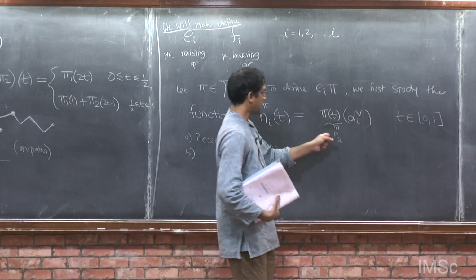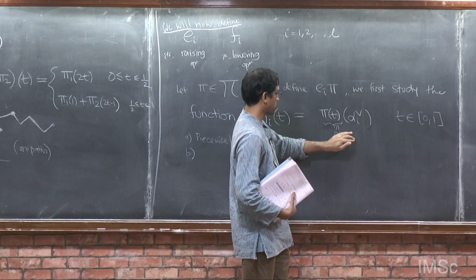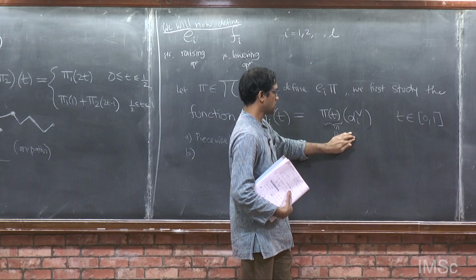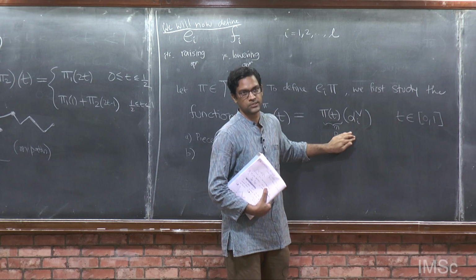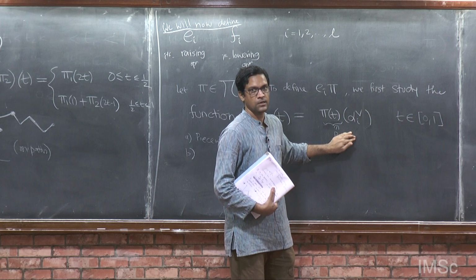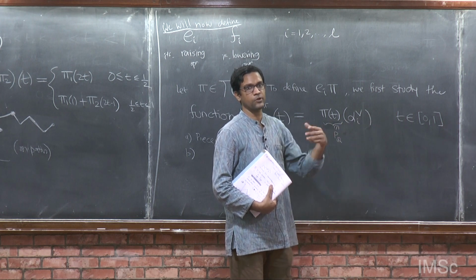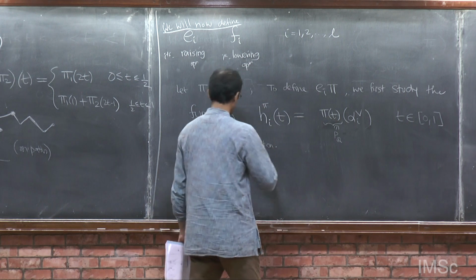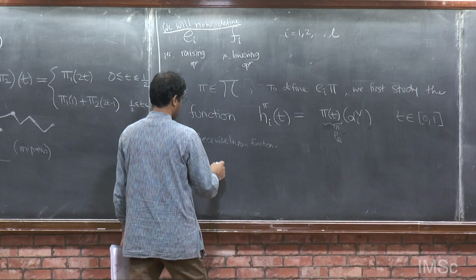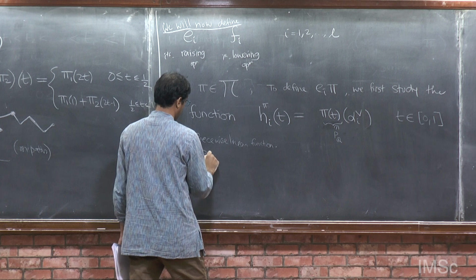So that evaluated at alpha i check. If you remember what the weight lattice was, the weight lattice evaluated on alpha i check always gave you integers as answers. That was the definition of the weight lattice. Now the rational span of this will just give you rational numbers as answers. So this is in fact a piecewise linear, rational valued function.